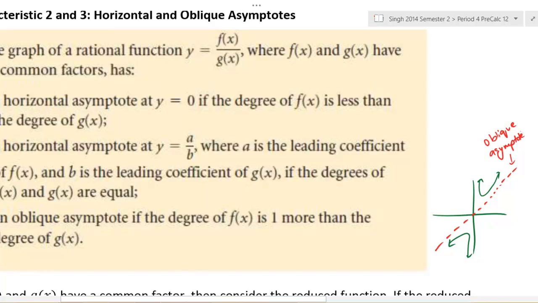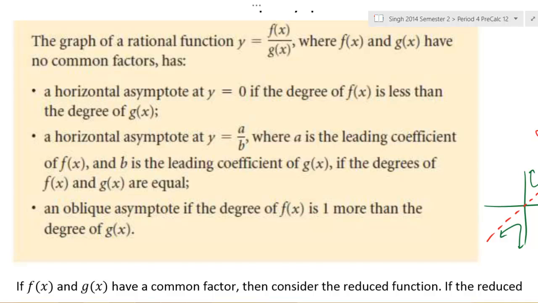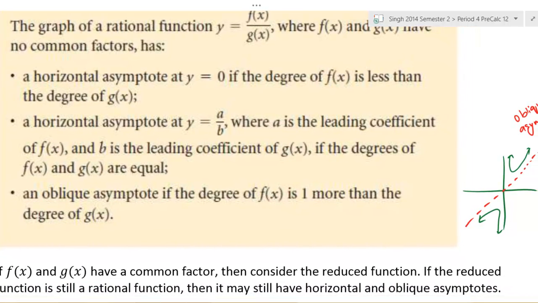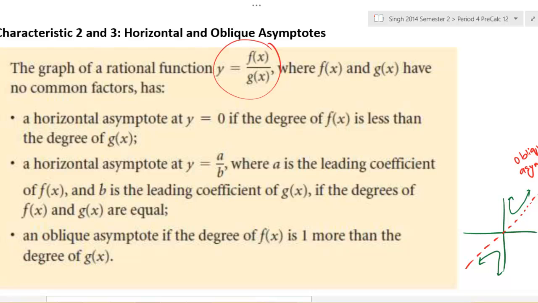Now what's going to happen is functions will have an oblique asymptote if the degree of the top, f of x, is 1 more than the degree of the bottom, g of x. Right? So whenever the top is going to be 1 more than the bottom, we do have a possibility of an oblique asymptote. We're going to look at their degrees after we have reduced them, after we've taken out any of the holes, because we're looking at the form which has no common factors.